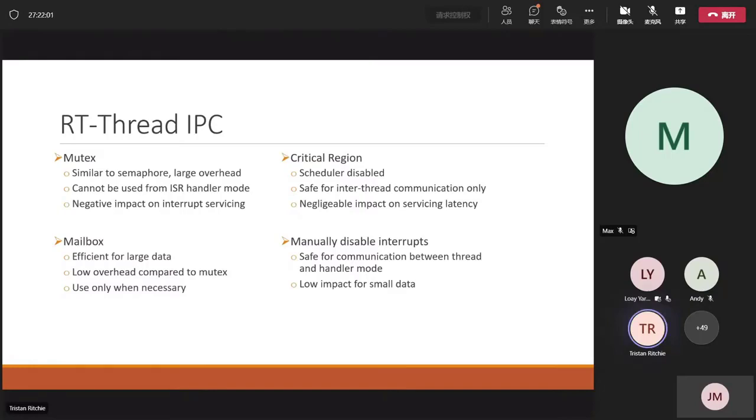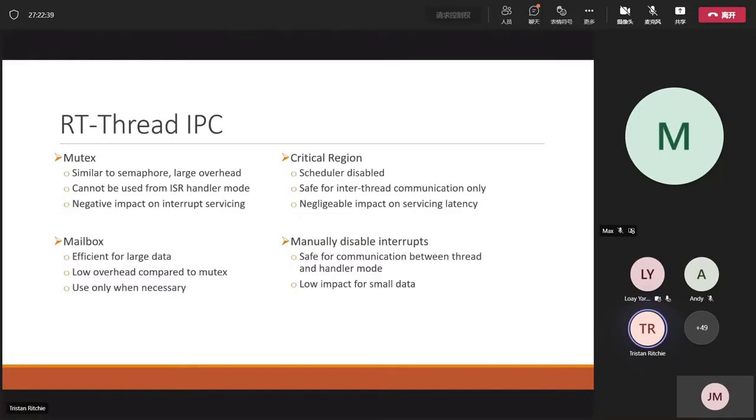It is quite an expensive primitive to manipulate. And it is important to note also that the mutex cannot be used from an interrupt handler, as it introduces concepts such as thread ownership. It really should not be used in the interrupt. But the key point here is that the mutex, like the semaphore, simply has too big a performance impact to really be justifiable in a power electronics software application.